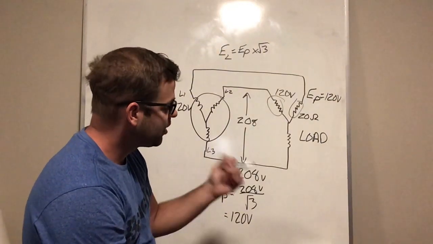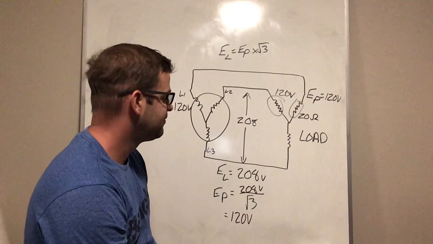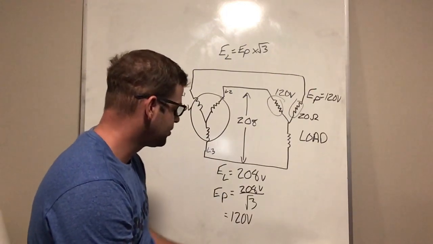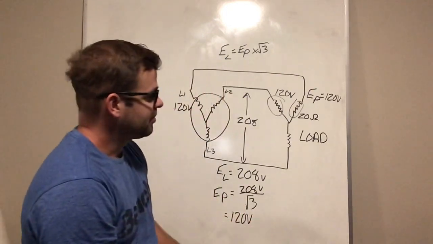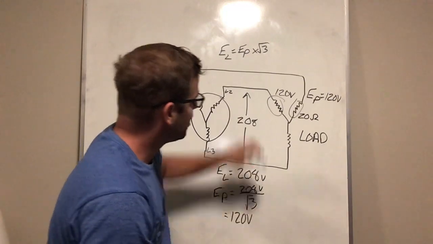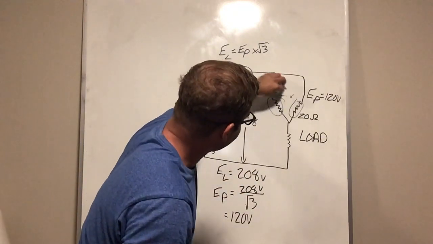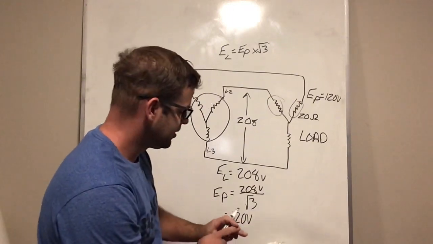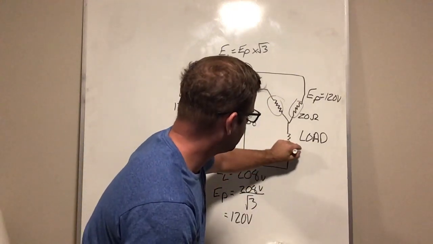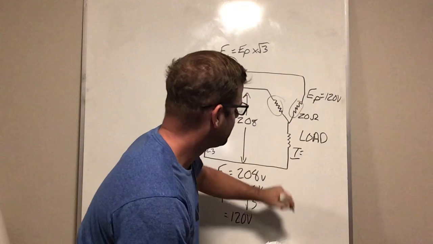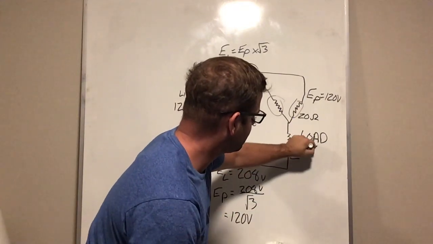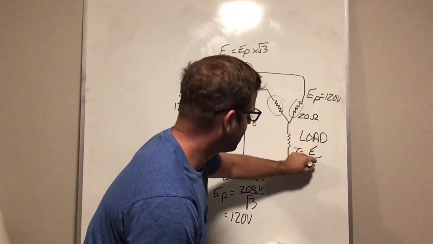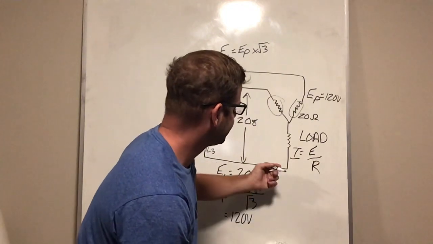And now we want to break down and figure out what the current is in the load. And we would simply use Ohm's law again to figure out what the current is. And as you know, to find current, we would do our volts divided by our resistance.